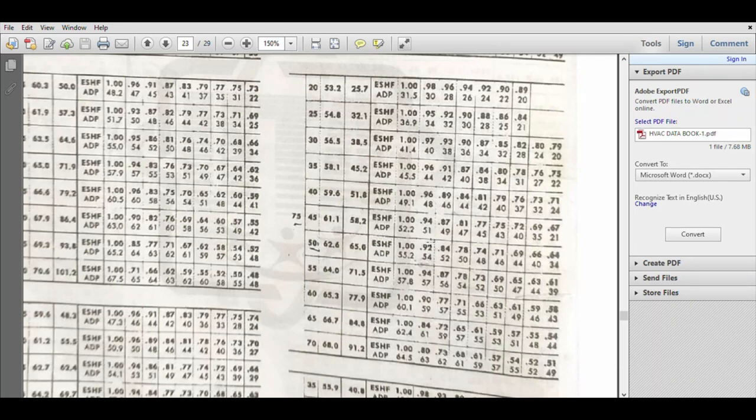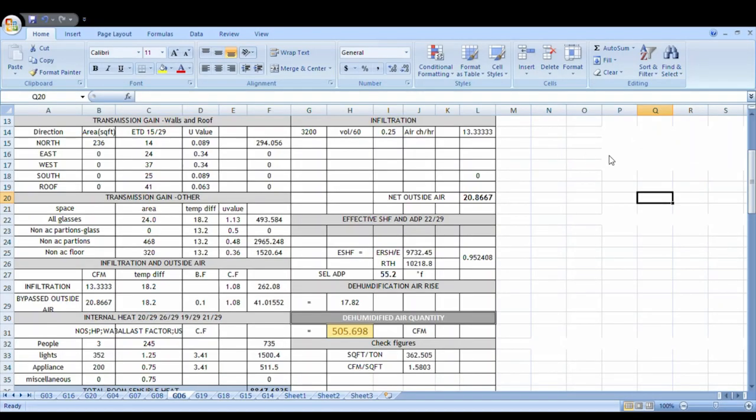So we will go for higher value. 0.92 is there, 0.95 is not there. So I will go for higher value, 1. For 1, ADP is 55.2. Okay. So I will put ADP as 55.2. So this is ADP, that is 55.2. Okay.